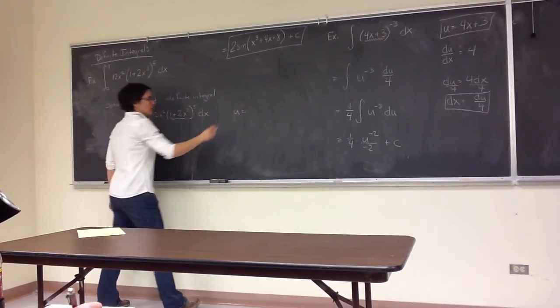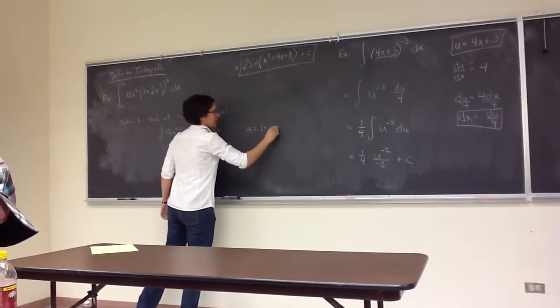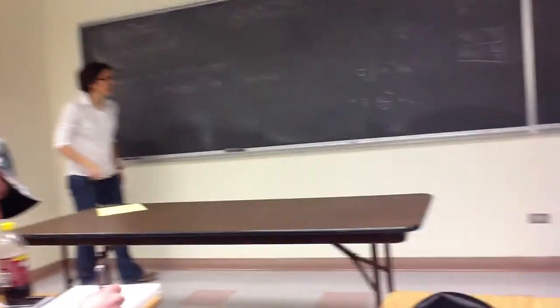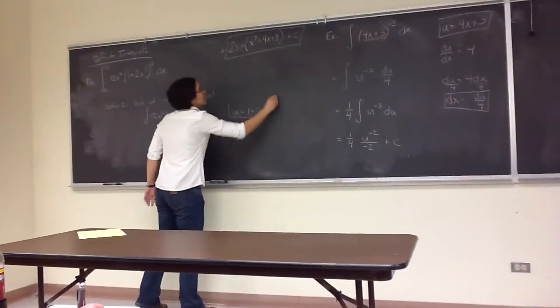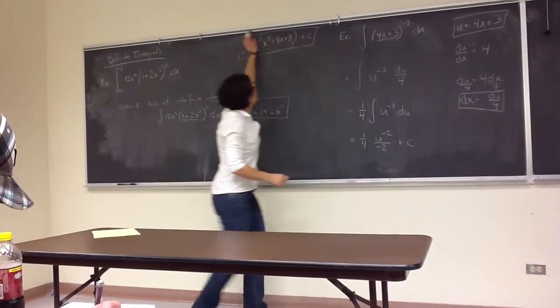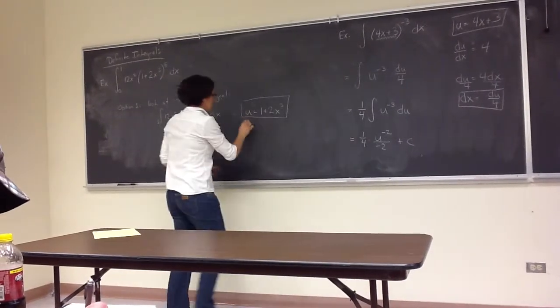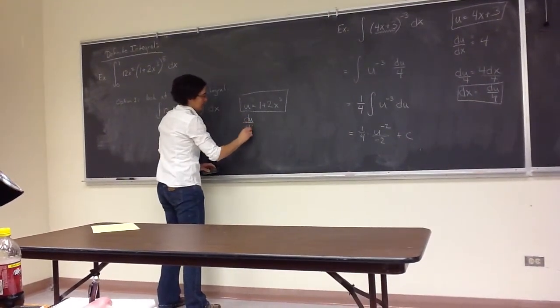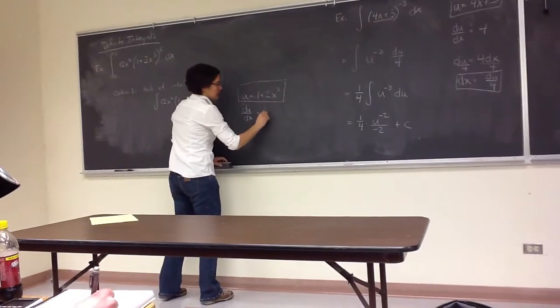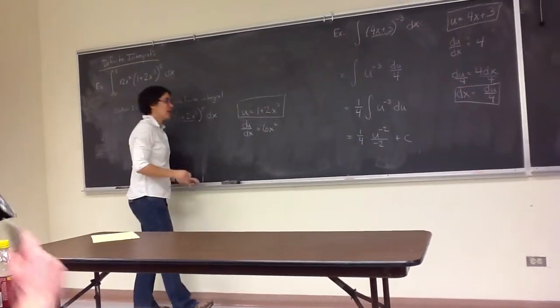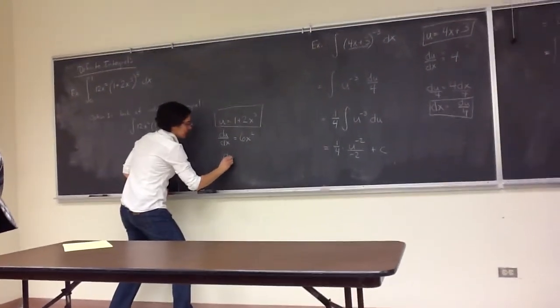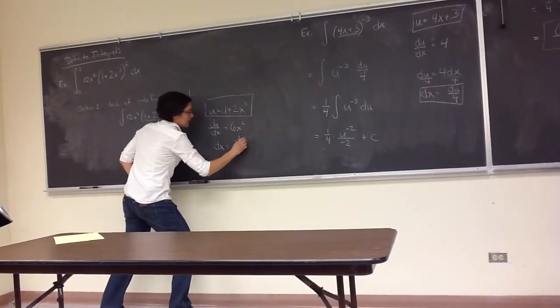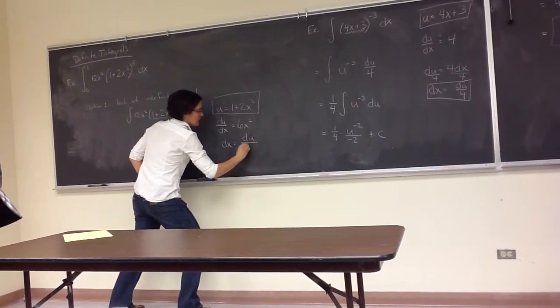So I've got u is equal to 1 plus 2x cubed. And so when I take the derivative of 1 plus 2x cubed, I get du over dx is equal to 6x squared. And when I solve that for dx, I have that dx is equal to du over 6x squared.